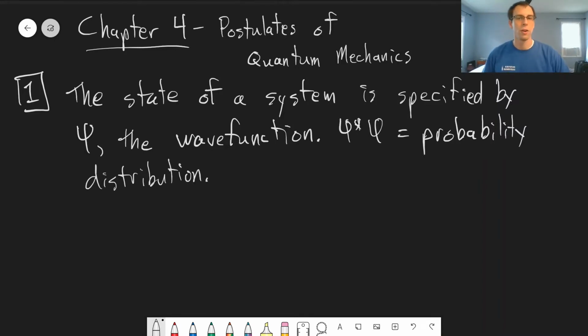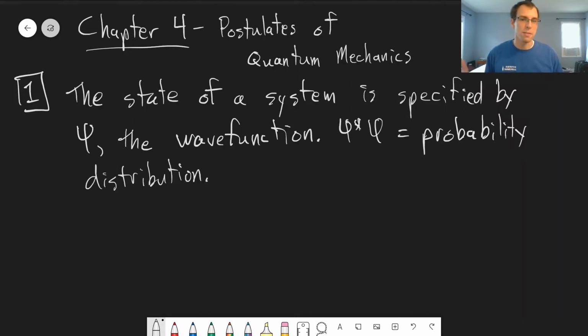This postulate states that all the possible information we can get about the system comes from this wave function. We don't know a lot about what this wave function represents, except that the square of the wave function with the complex conjugate in there is the probability distribution.